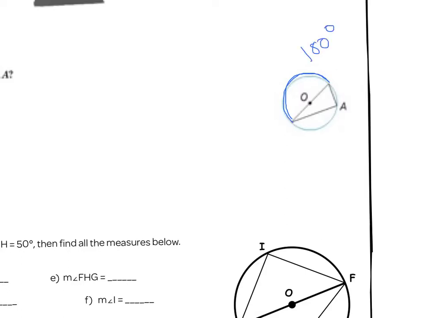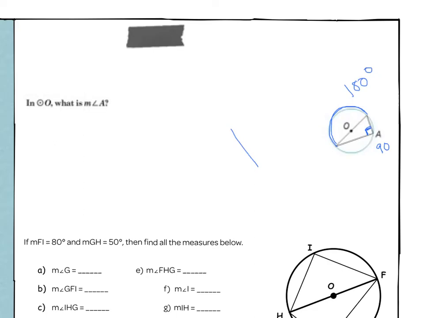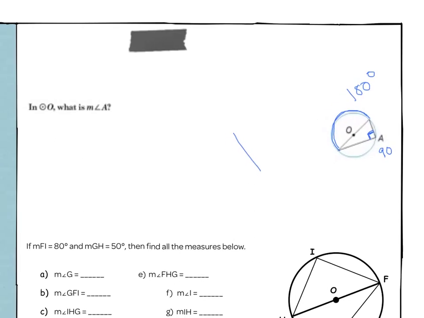We know that because it is attached to the diameter, which is 1/2 of the circle. We also know that a triangle has a total of 180 degrees, so that's all 3 angles of a triangle. And we also know that this is 90. So that angle is 90 degrees. Let's fill that in. That's pretty clear.